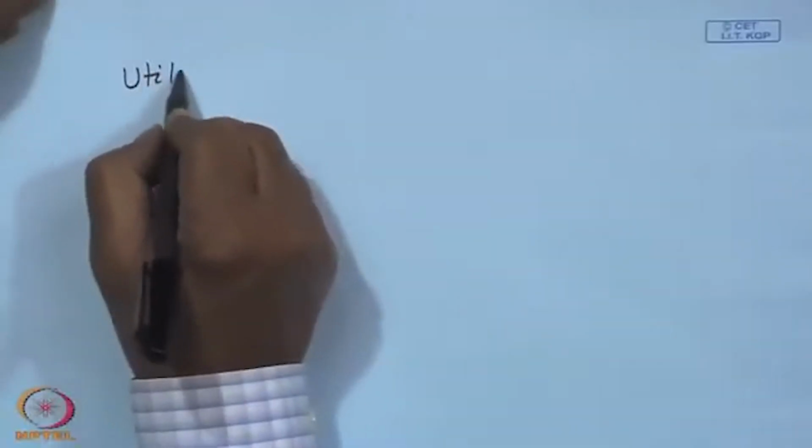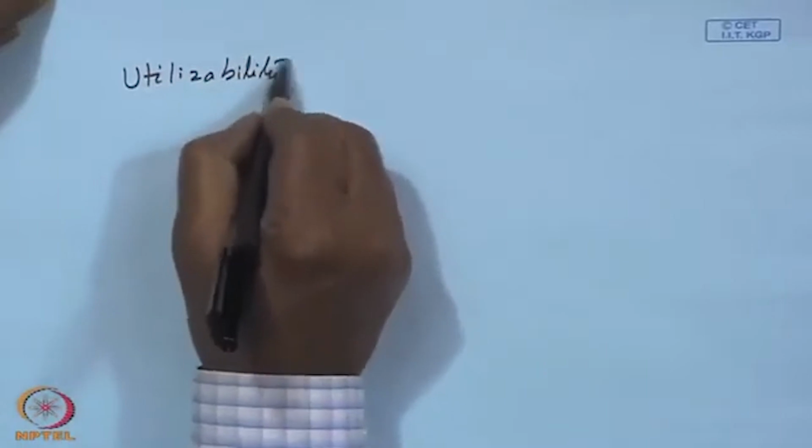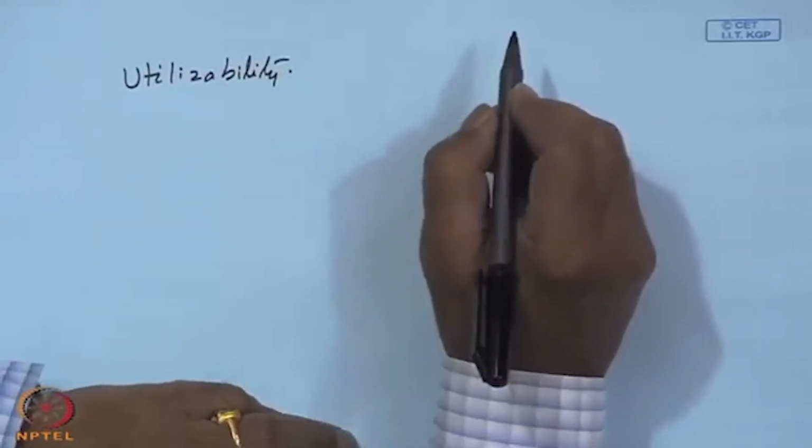Now, in the context of the so-called utilizability, which we said is that the solar radiation intensity above a certain critical level shall be useful for meeting the energy demand above a particular specified minimum temperature.